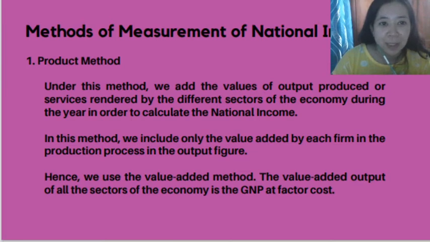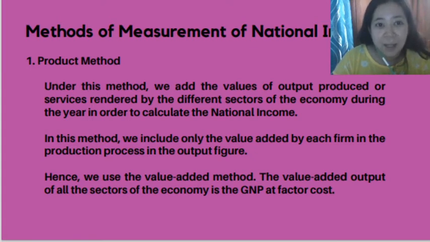In this method, please take note that we will only include the value added by each firm in the production process in their output figure. So, therefore, this is also known as using the value added method.